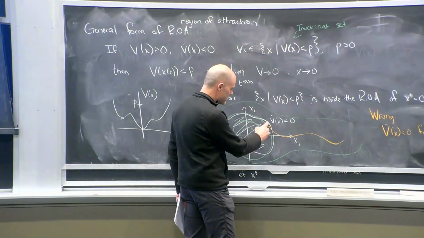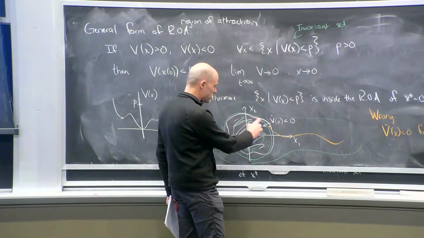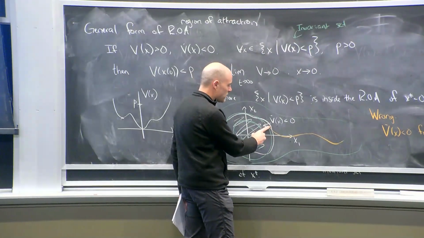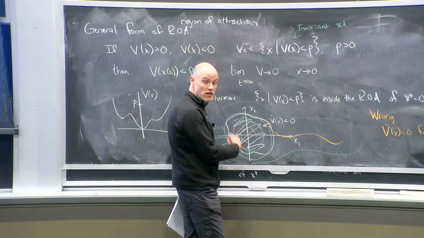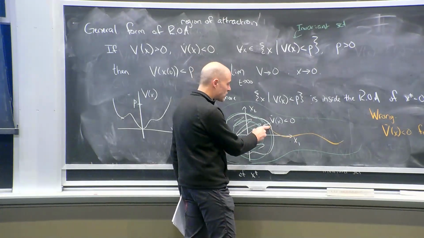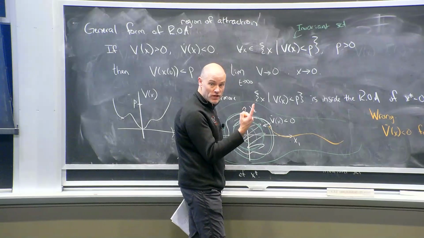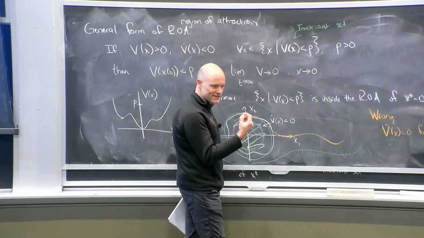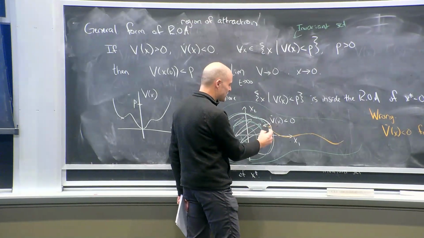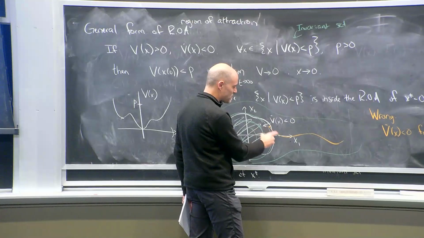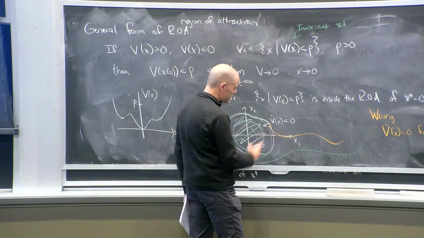So if this white region is the place where v dot's going down, but I don't couple that also with some other argument about invariance, then v dot could be going down, but I could go to a place where v dot goes up. I feel like it didn't come out quite as clearly as I wanted, but I think that's good.